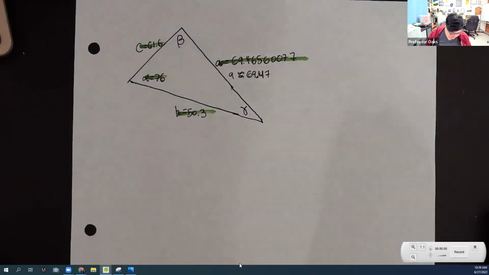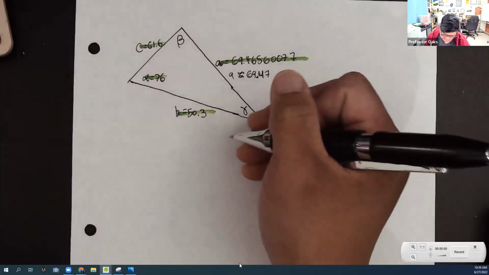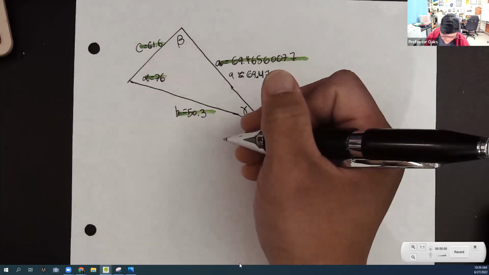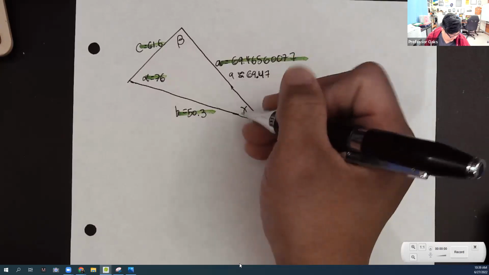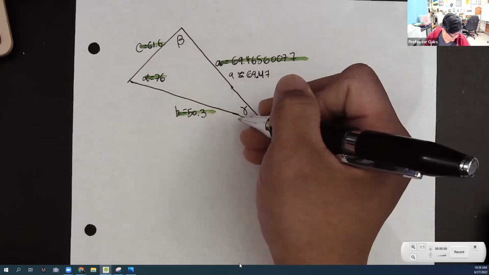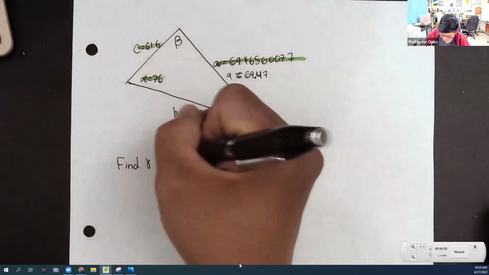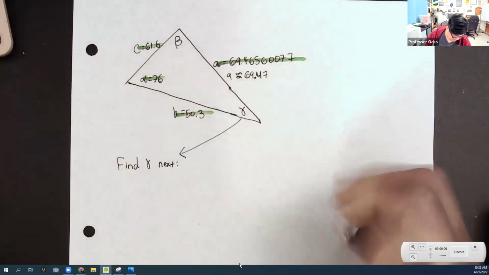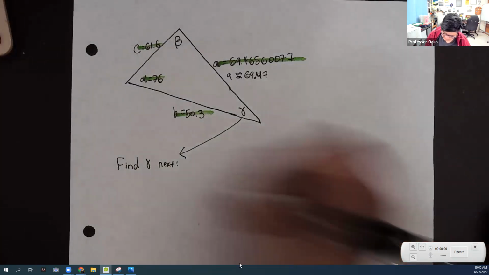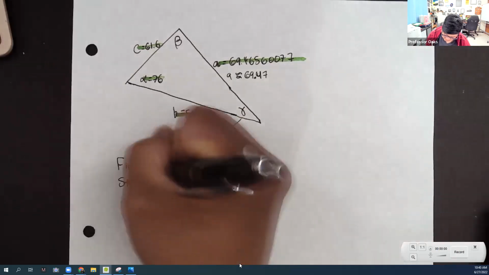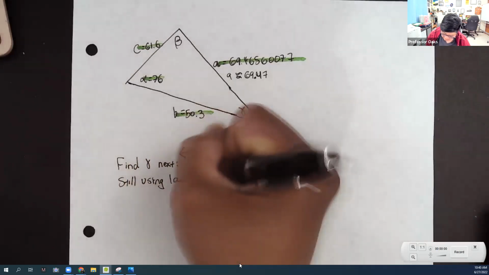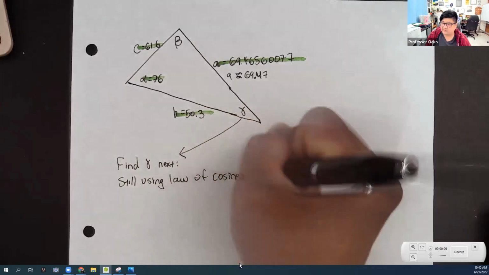So if I go for finding another angle, at this point it really doesn't matter which one you want to use. So let's say that you try to find the gamma next. So then we're still using the law of cosines to do this.